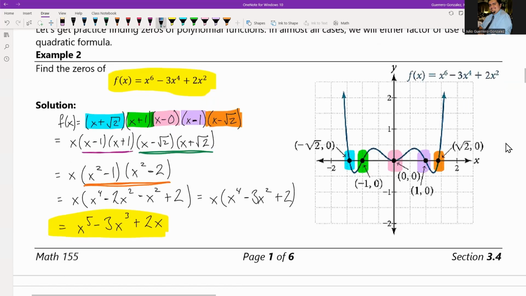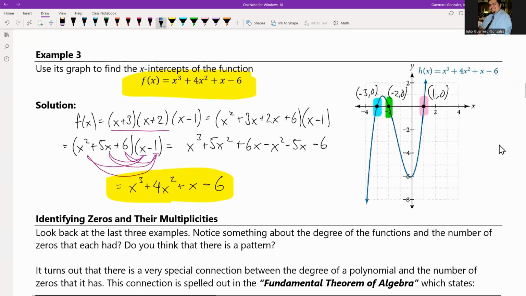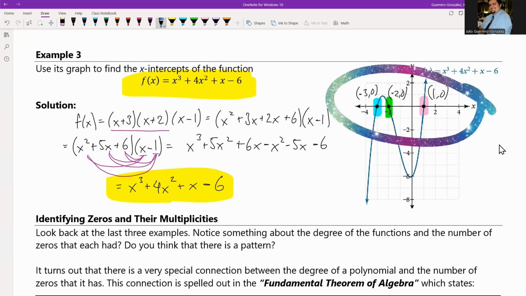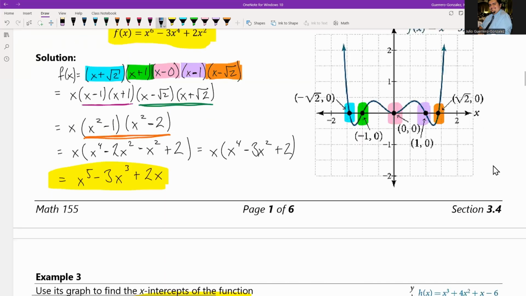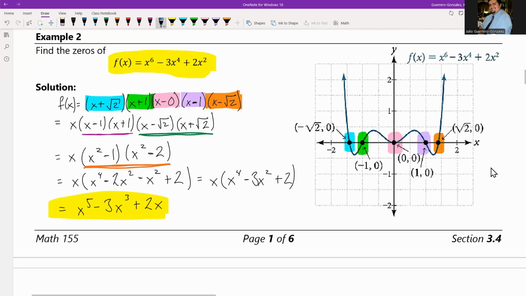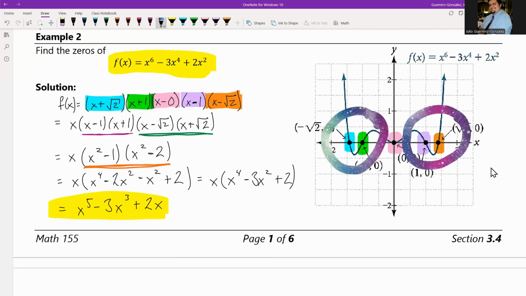All of these zeros, for both of these. I'm going to go back to this one. You guys notice these zeros actually cross the x-axis for the graph, right? And if we go back up here, these and these cross the x-axis.